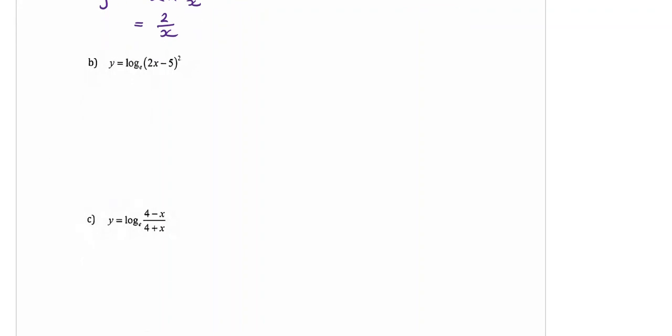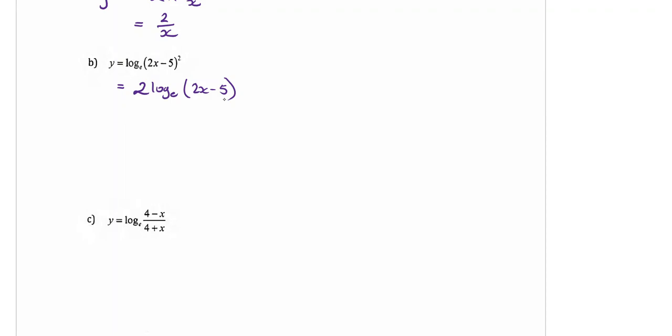Question B, let's do it again. We're told to use the log laws, so we're going to use the log laws. So the power is going to come down the front. This is going to be 2 log base e of 2x minus 5.